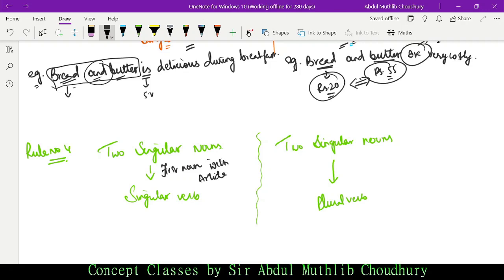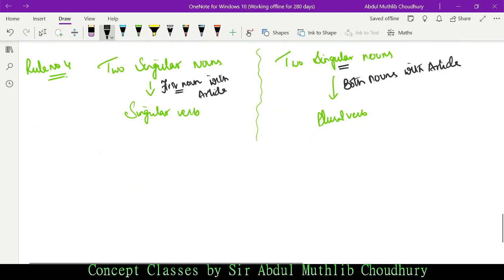Only the first noun is followed by an article, not the second noun. But in case of two singular nouns, when both nouns are followed by an article, let me give you an example.